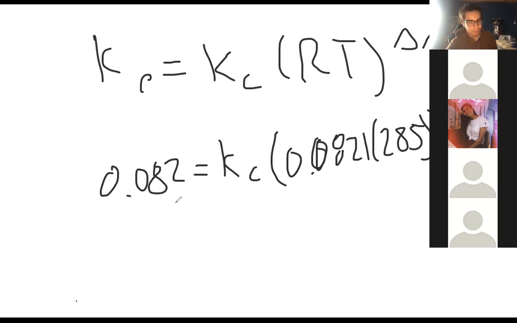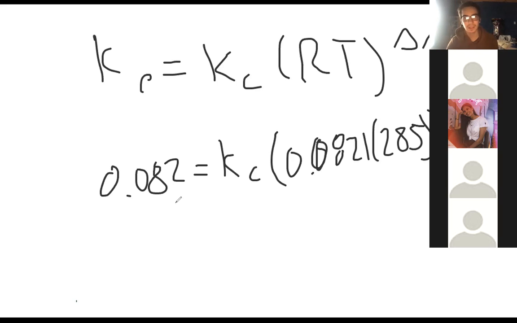And it's -1 because you notice that A is in a solid state. So we're not paying attention to our solid state molecules. So yeah, no worries. So delta n is going to be -1.